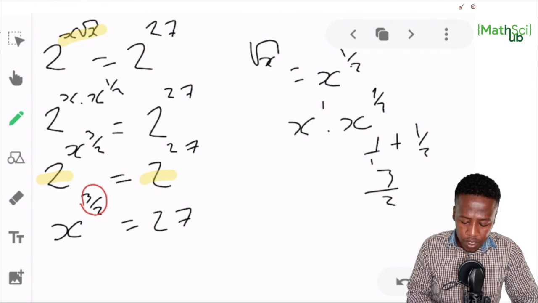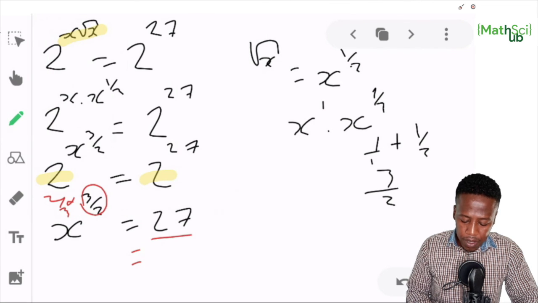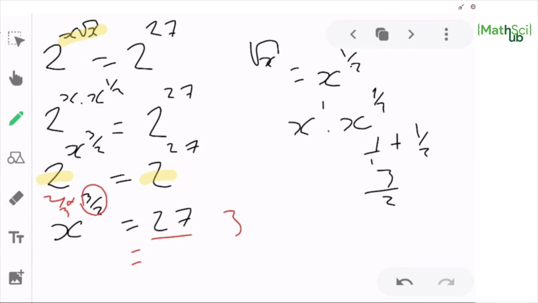How do we get rid of it? By multiplying by the reciprocal, tip and times. And on this side again, we're going to tip and times. Now 27. Let's try to get the prime base of 27, which will be 3 to the power of 3.